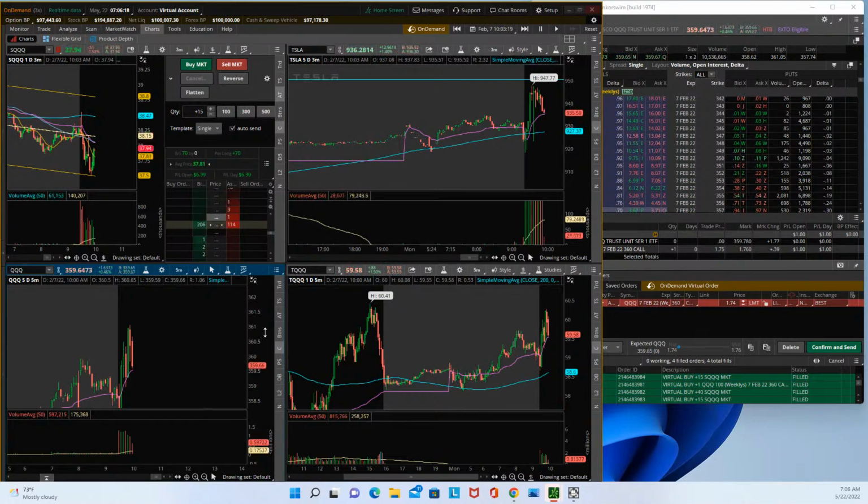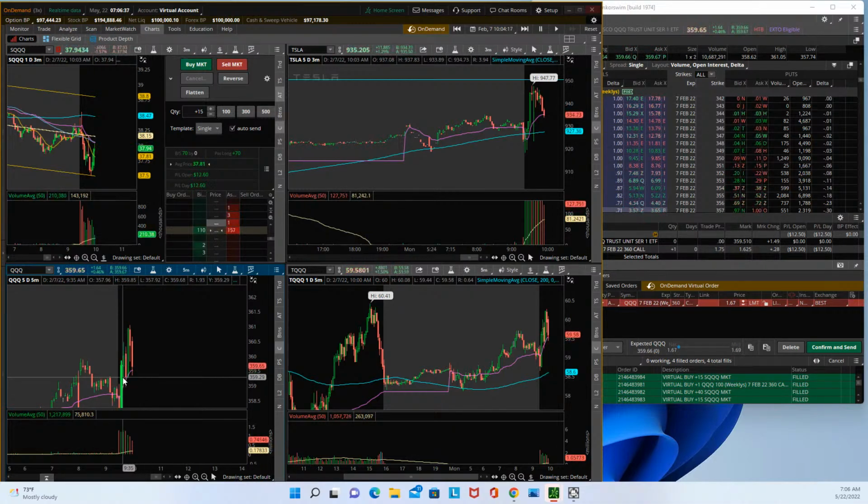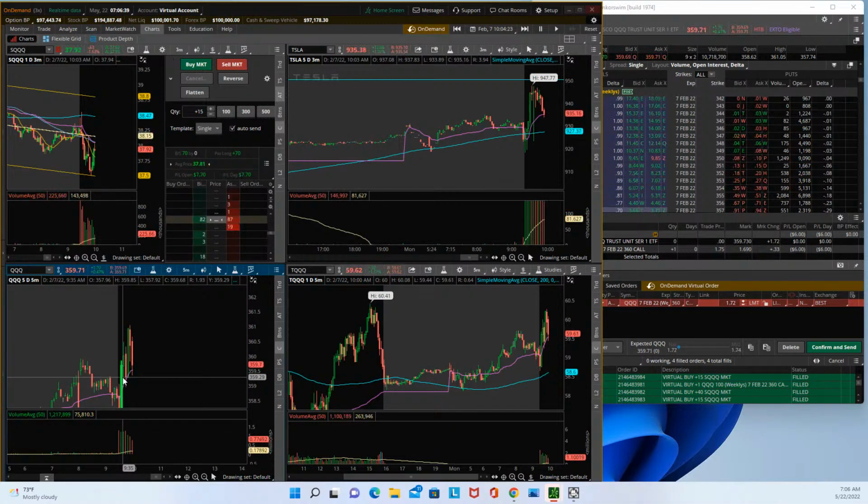Here we go. We're again going back down to VWAP, and we're going a little bit below it, and in a couple minutes the 5-minute candle is going to finish. What we don't want is to close below 359.29.